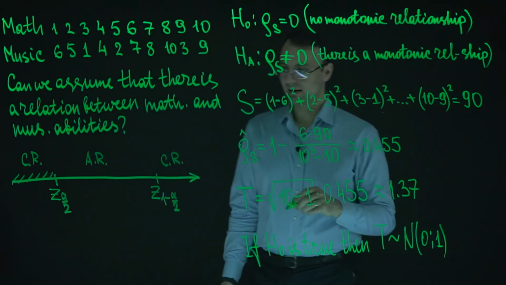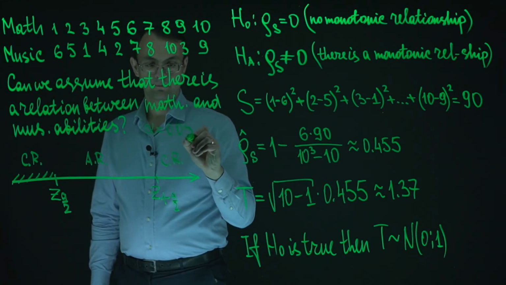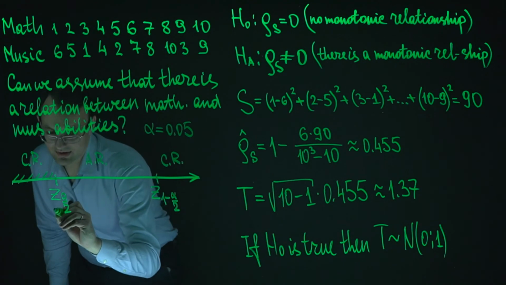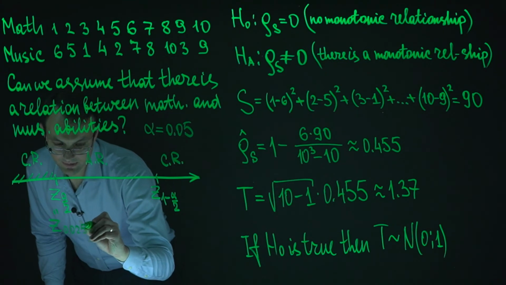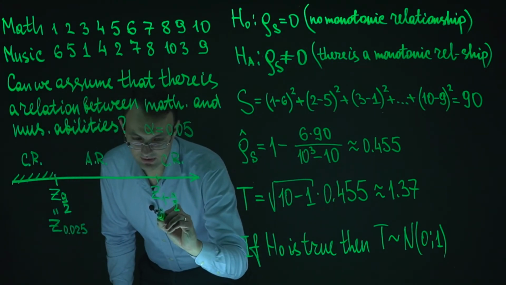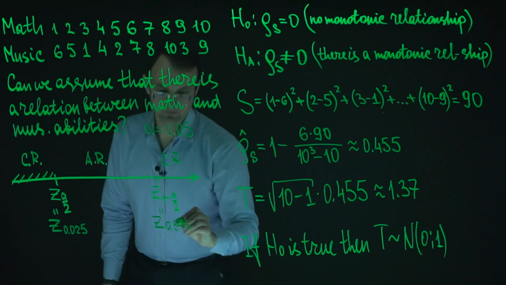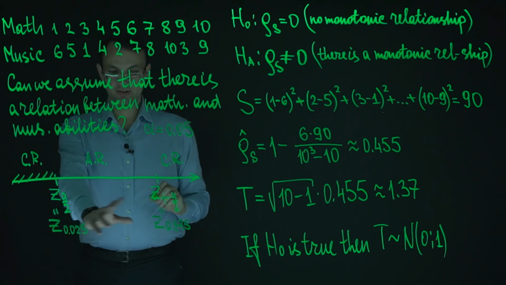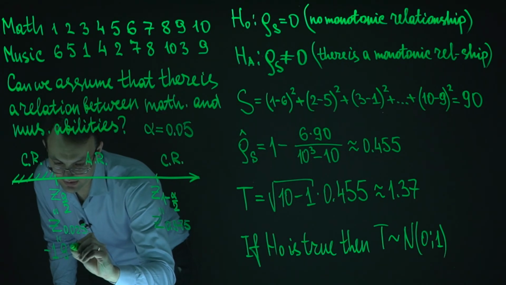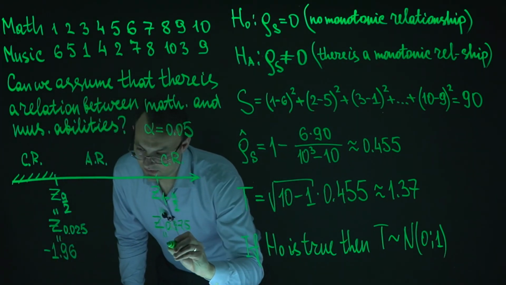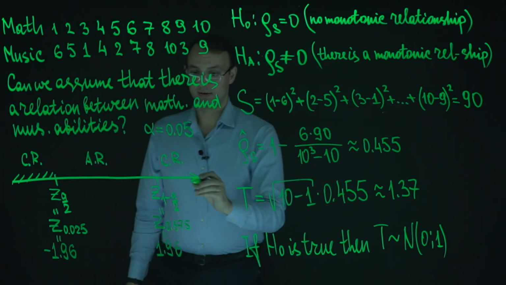Let us assume alpha being 0.05, standard alpha. And so in this case, this is the quantile of the level 0.025, and this is the quantile of the level 0.975. We can use the table, and we can find that this is minus 1.96, and here is plus 1.96.